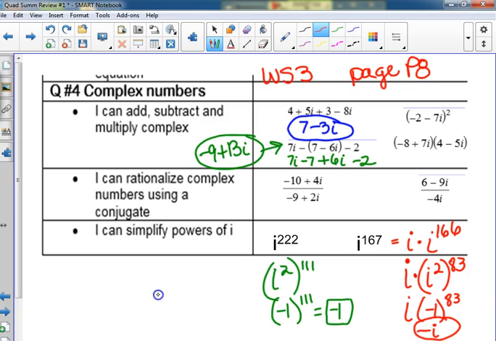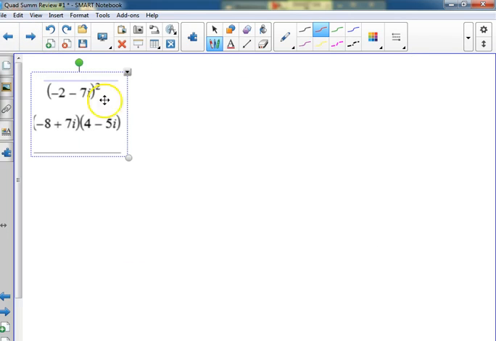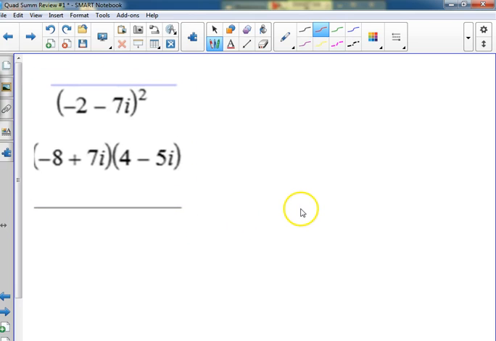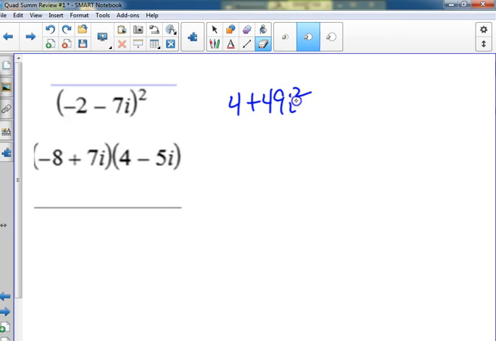Yes. All right, let's practice multiplying real quick. What can we do to the first one? Someone's going to write 4 plus 49i squared. Is that the right answer? What? It's not the right answer in multiple ways, right? You have to FOIL it out.